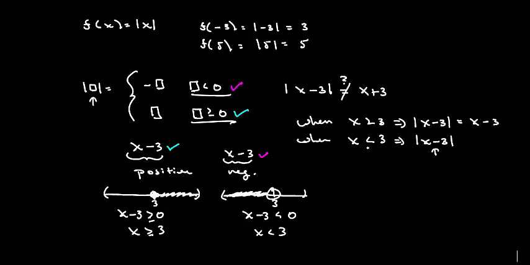If you take a value that's less than 3, let's say 2, then 2 minus 3 is negative 1. If you take any other value that's less than 3, this guy in here is going to be negative. If it's negative, then it's equal to the opposite of what you see on the inside. Just like that. So this is equal to negative x plus 3, or 3 minus x.